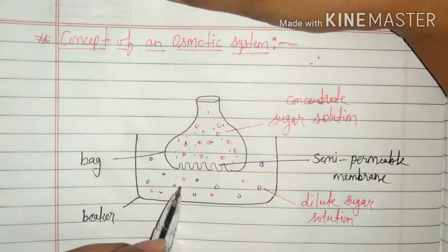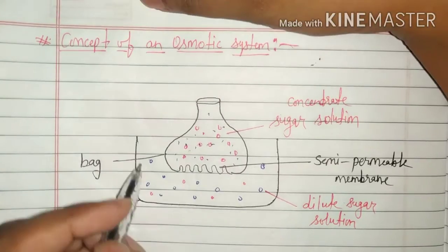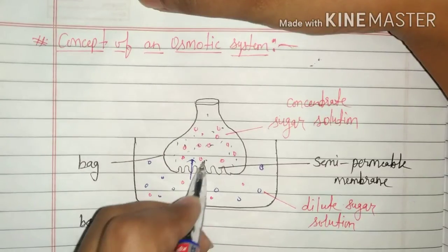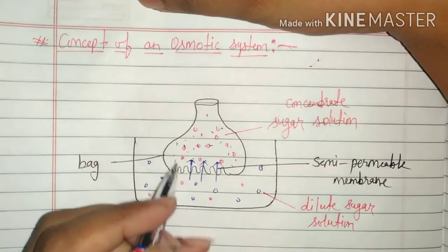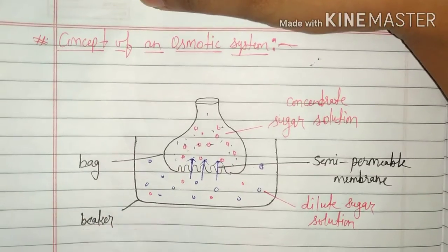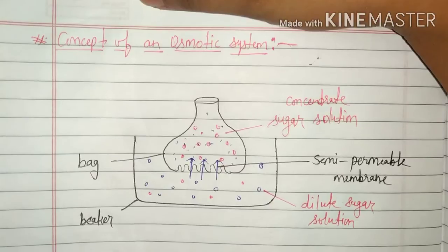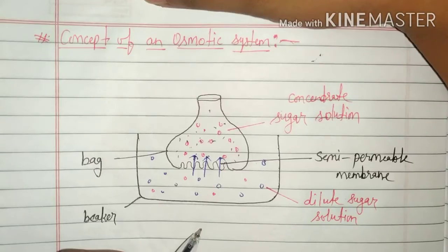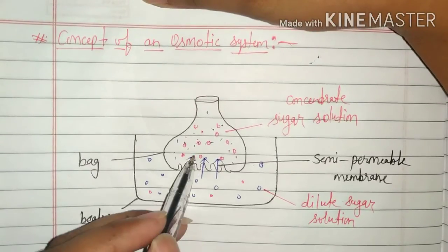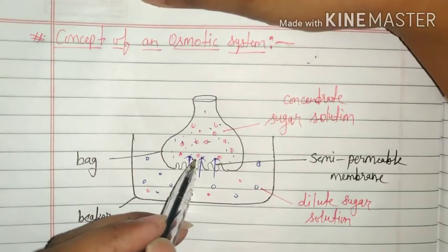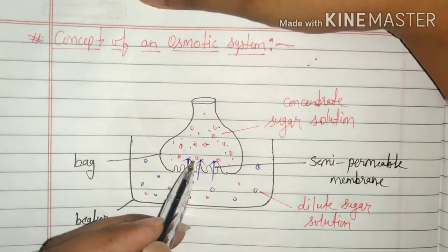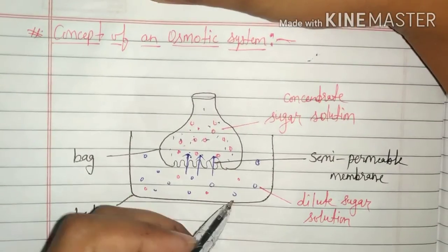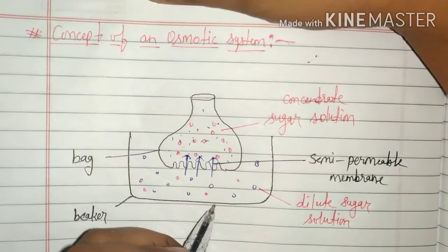Water molecules from the beaker begin to move to the concentrated solution in the bag through the semi-permeable membrane. After some time, the bag swells due to endosmosis. When the bag becomes fully stretched, it creates a pressure on the solution to prevent further entry of water molecules.